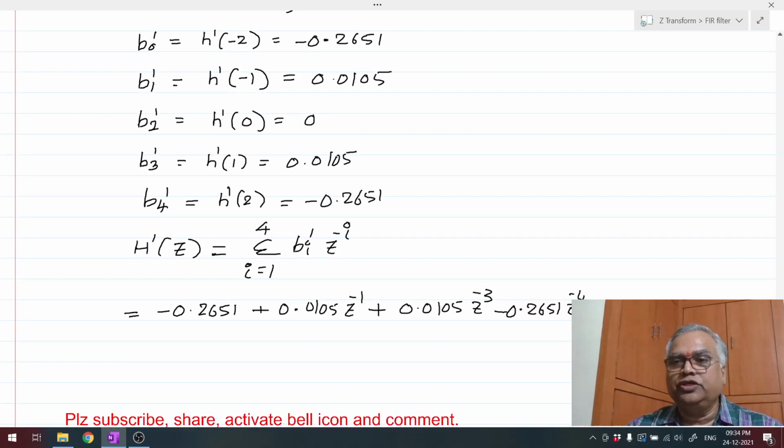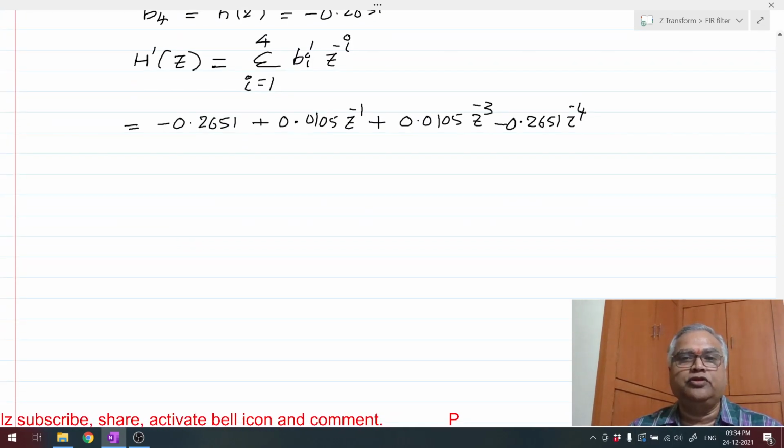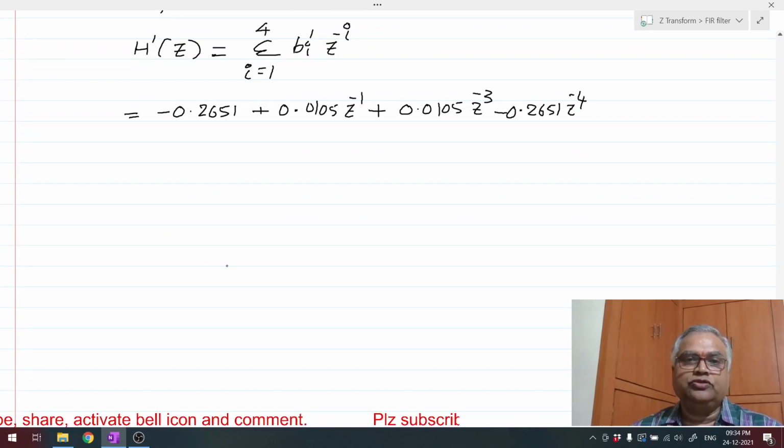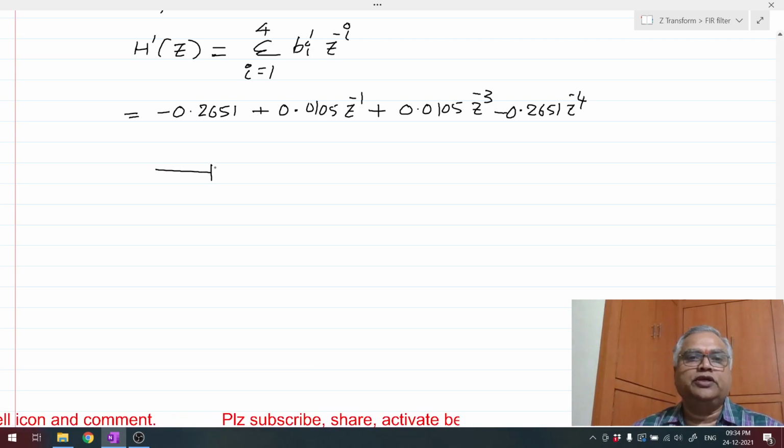Now we have to show the polynomial structure, how the structure looks like.